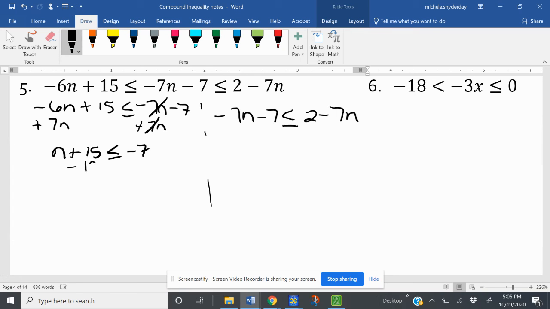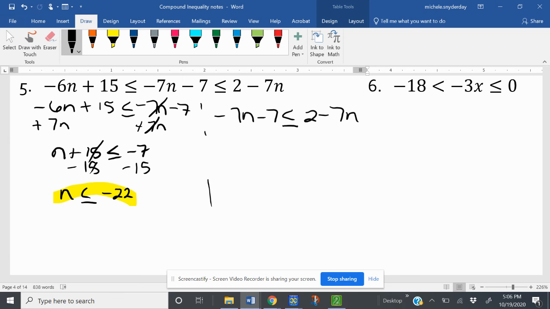We'll subtract 15 on both sides. That goes away, and I'm left with n is less than or equal to negative 22. And that's one that we will graph.